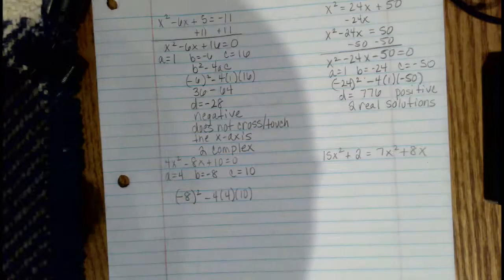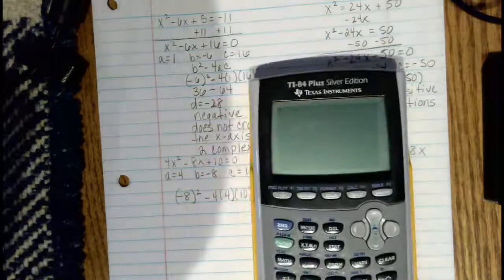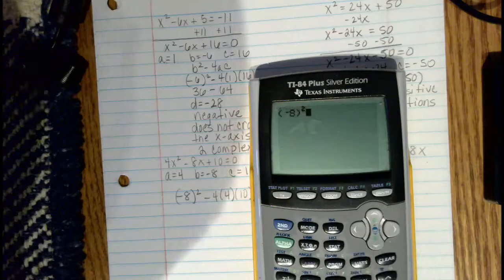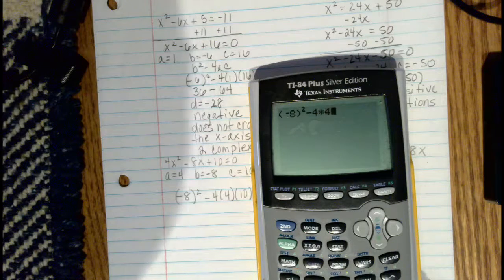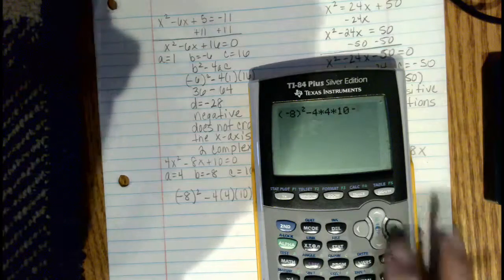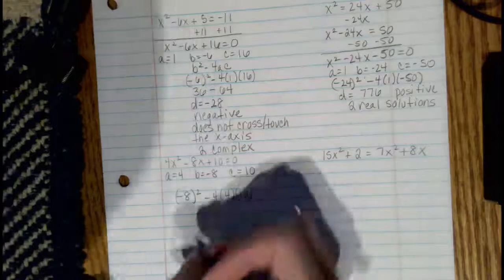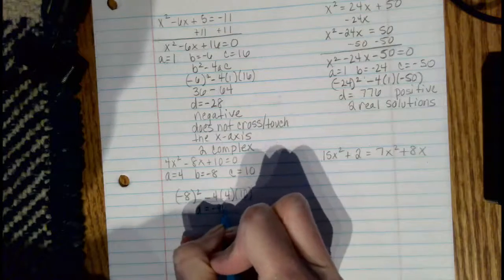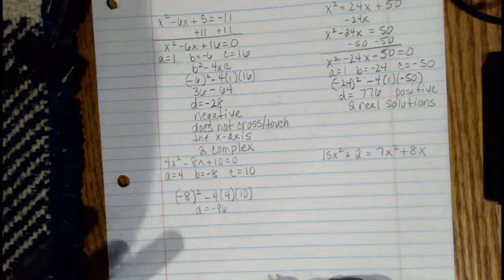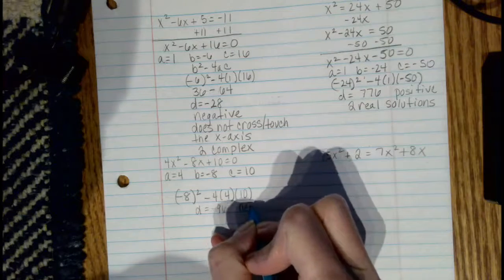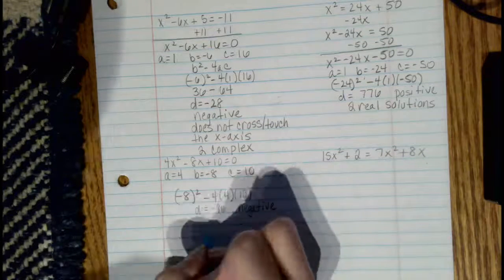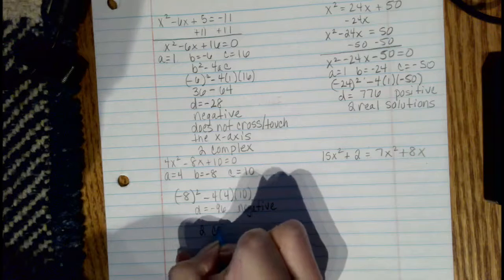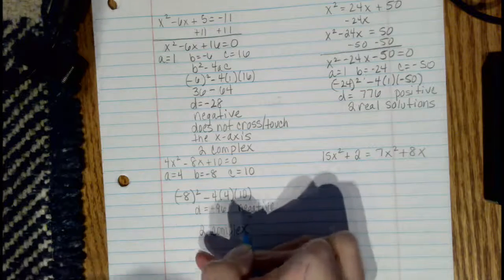Again, if we pull up the calculator, negative 8 squared, notice I'm putting parentheses around the negative 8, that's important, minus 4 times 10 gives us negative 96. So our discriminant is negative 96. Again, the important part to notice is that number is negative, and when we get a negative, we're going to get two complex solutions.